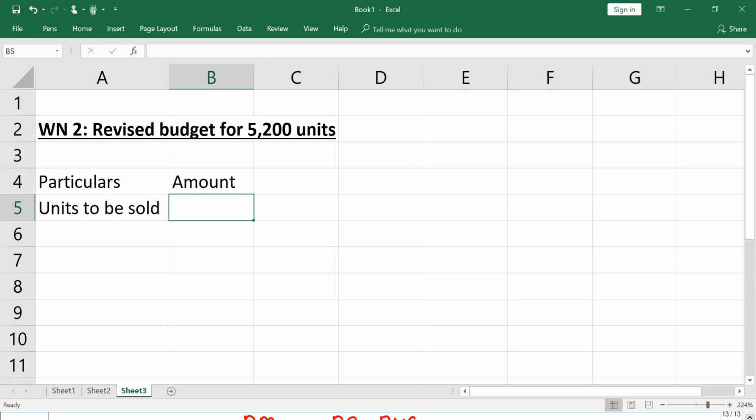How many units are to be sold? 5200. Units to be sold 5200. Revenues: 5200 into 7.5.